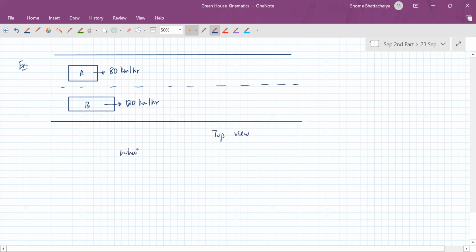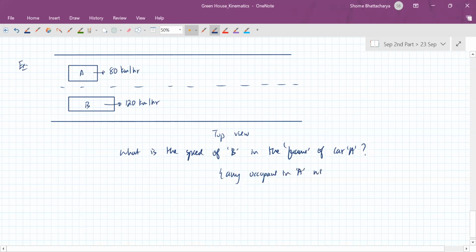So what is the speed of B in the frame of car A? That is, any occupant in A will see B at some relative speed.